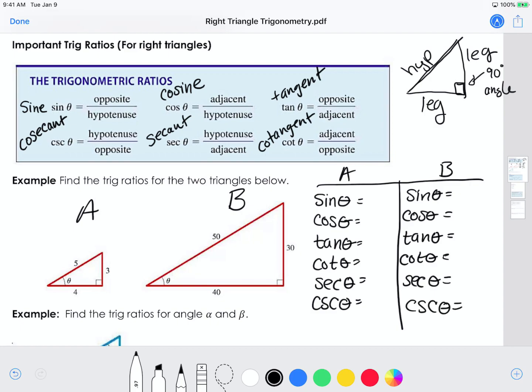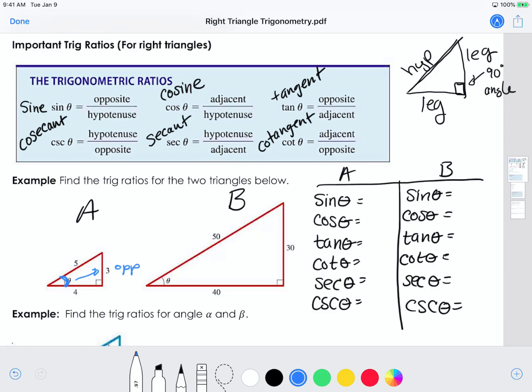Okay. For triangle A, the smaller triangle, if we're looking for the sine of the angle, if we look up in the blue shaded box, it says the sine of the angle, that ratio would be the opposite side over the hypotenuse. So since my angle is right here, my opposite side would be 3.